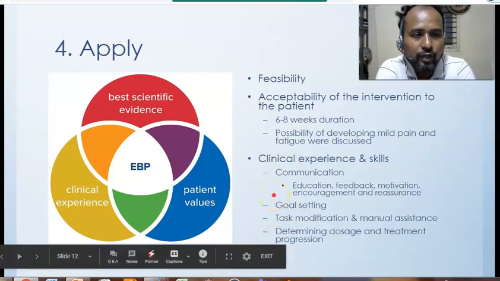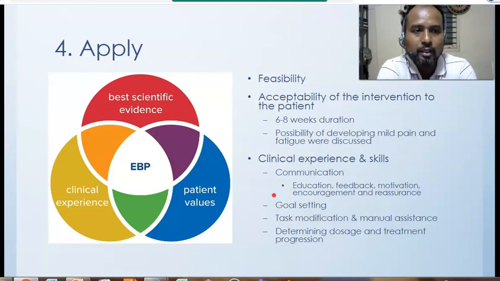So all of it was very useful in terms of final application of evidence into practice, right? So in the next part of the presentation, I'm going to show all the treatment I have given and how I adapted it, and also the treatment dosage that I have decided, and so on.